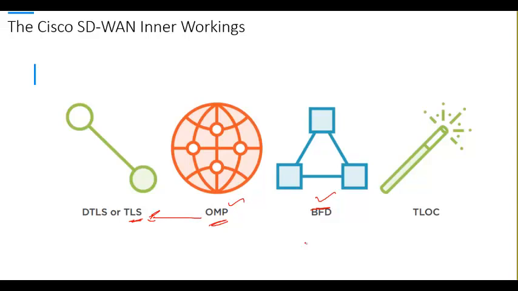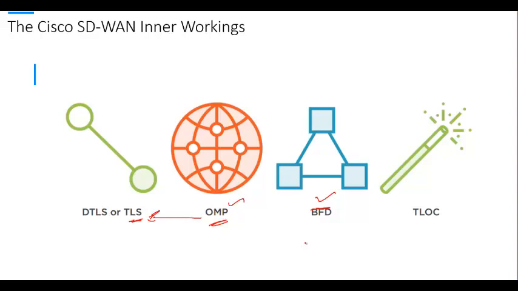So what if I don't have a policy? Even then, BFD will be up and running. See, I said BFD helps to measure the quality of the path, so that if I want to send some traffic via a tunnel which is less than 100 millisecond delay.